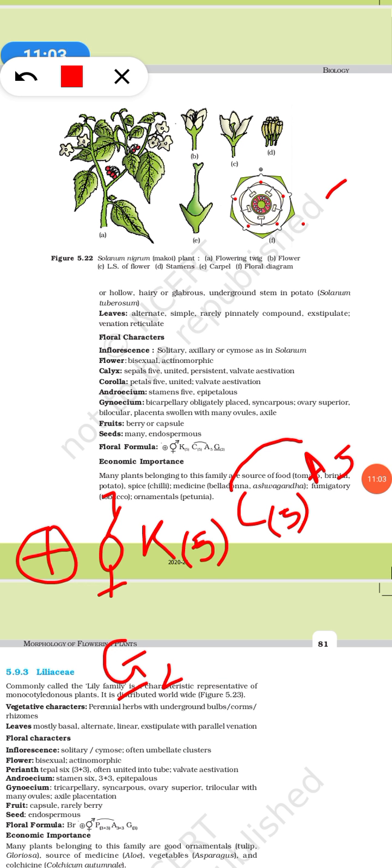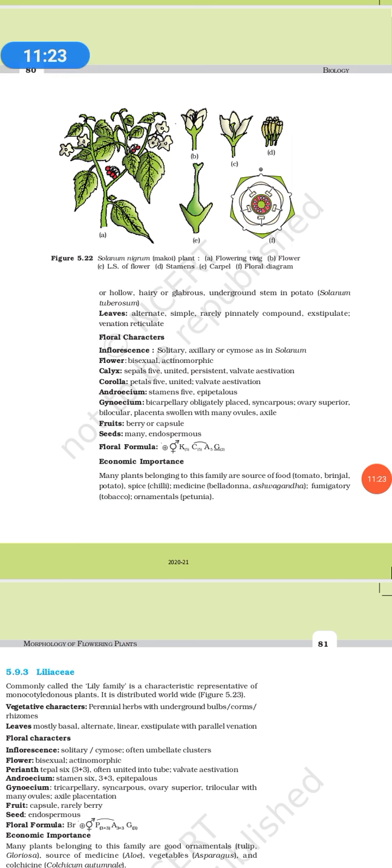Placenta swollen with many ovules in the axil. So it is given. That is why it is here, and there are 2 locules with the ovules in the axil. So this is how you will draw the floral formula and the floral diagram.